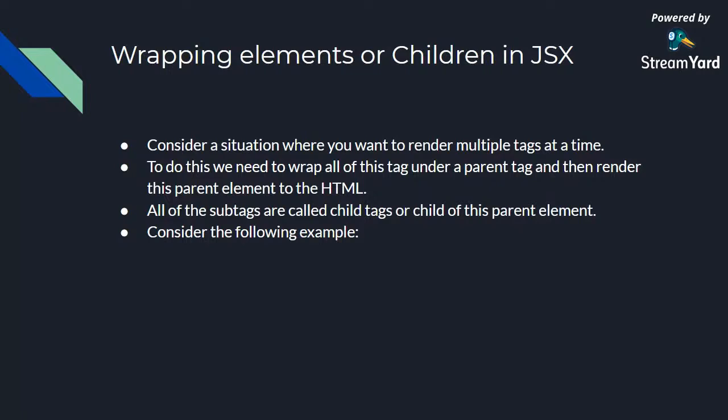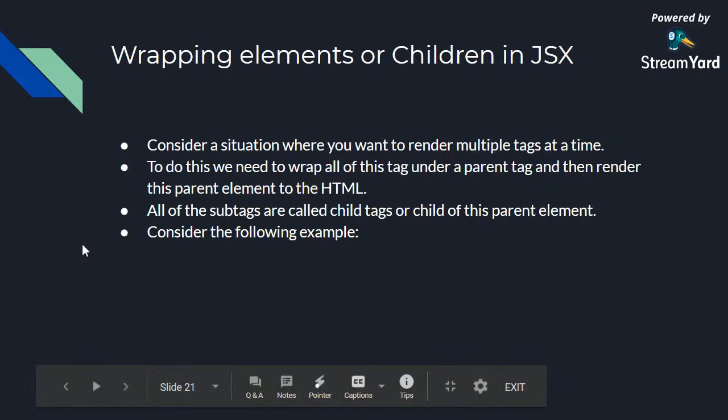You need to have one parent or one superset div that other elements can be children of. I'm going to show you that in the examples ahead, but I'm just telling you for your information right now that React can only have one element as a root or parent. You cannot have multiple elements as a parent.